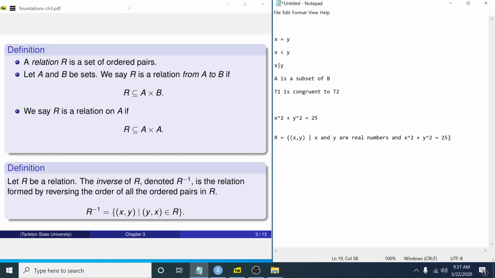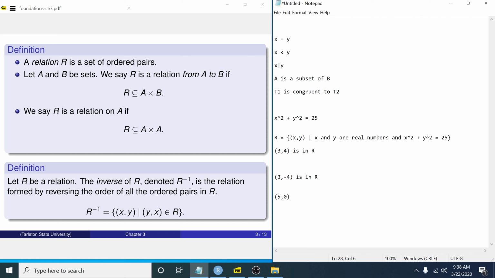And we can write down some ordered pairs that are in this relation. So for example, we could say that the ordered pair 3 comma 4 is an element of R. I'm just going to say is in R for brevity here. But the ordered pair 3 comma 4 is an element of R. We could also say that the ordered pair 3 comma negative 4 is in the relation R. And then maybe do one more.